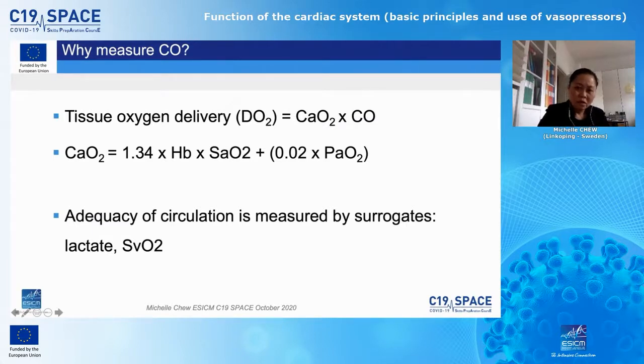So the content of oxygen is in turn determined by hemoglobin and the saturation of O2 in the arteries, plus a small component that is dissolved in the blood. This is negligible. So once you have corrected for hemoglobin and saturation, say with mechanical ventilation, the easiest way to manipulate DO2 is by manipulating the cardiac output. And this can be done quickly and effectively.